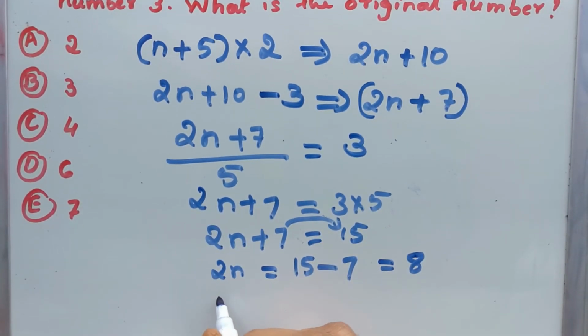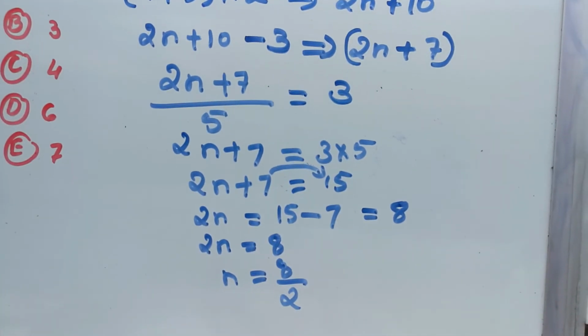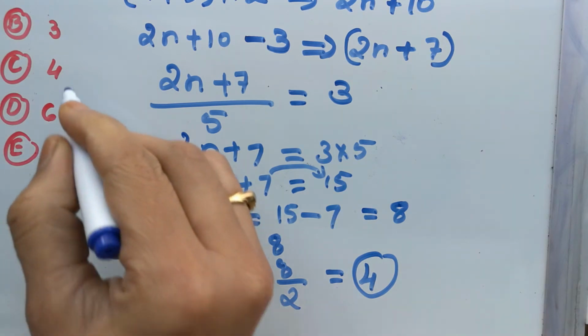So 2n is equal to 8. What is n? n is 8 divided by 2. So what is 8 divided by 2? Is 4. So original number is 4. We got n as 4.